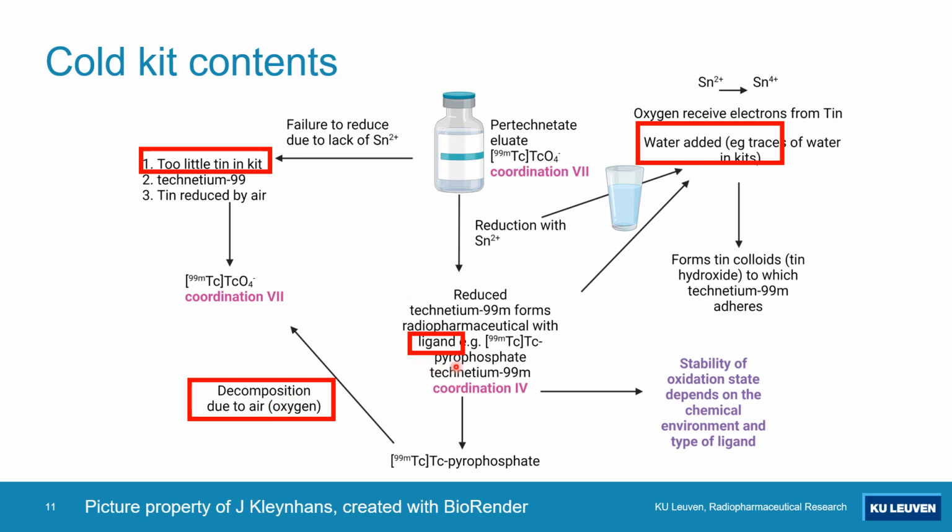It can have problems with the stability of the ligand. You can have water being added during this process, and it actually influences all the properties that make up the stability of the radiopharmaceutical. So it can influence radiolabeling yield, radiolabeling purity, and also the stability of the final compound.